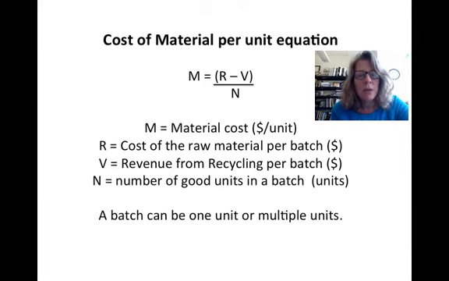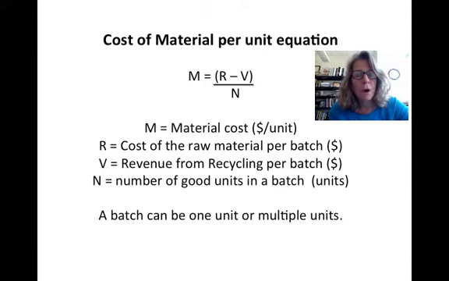So in this case, we look at the cost, which is R in dollars, of the raw material. And then you might subtract from that some revenue from recycling. Now this particularly happens a lot in metal manufacturing, where a lot of the metal that's either waste or the chips from the processing machine can be recycled. A lot of recyclers buy metal from you, so you need to include this in there.